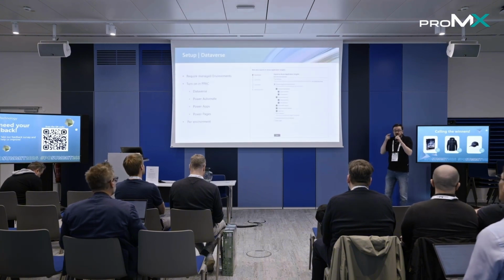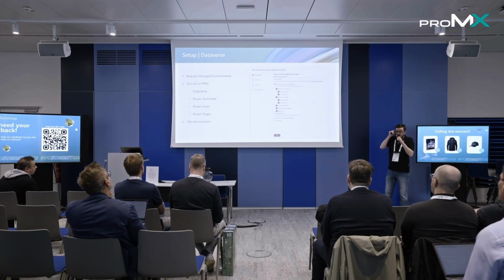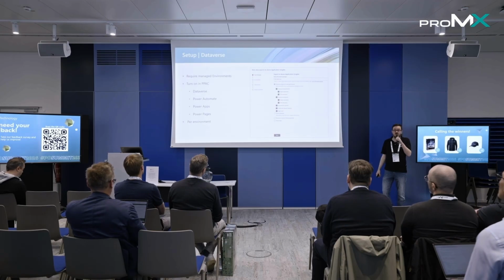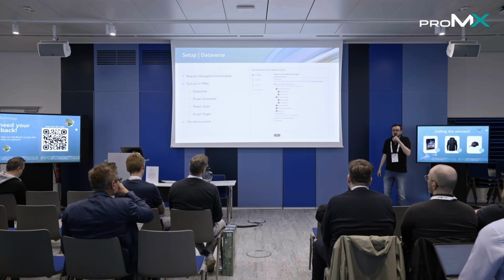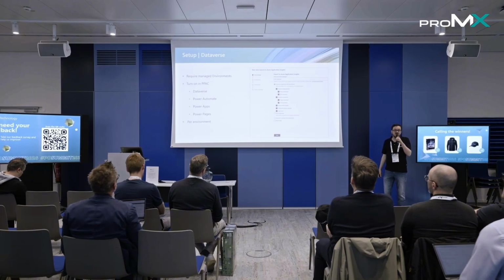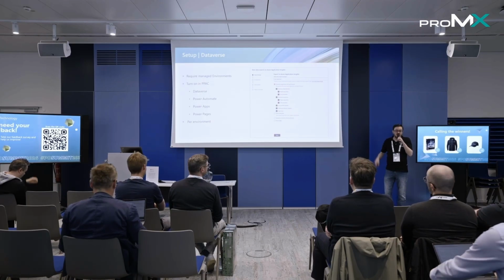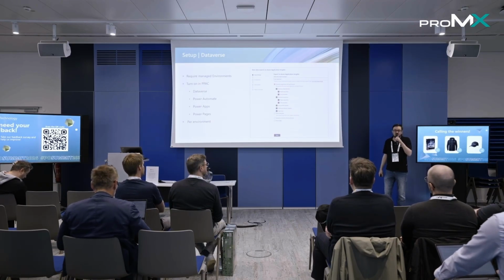Here on the screen we see the setup and how easy it is. I just need to have the admin permission in the Power Platform Admin Center, and then the configuration is based on the needs and also the capacity I want to log the data for. Later I will also show some best practices. On the setup you just select what you want to track. We also see it has a preview for Power Pages as well.